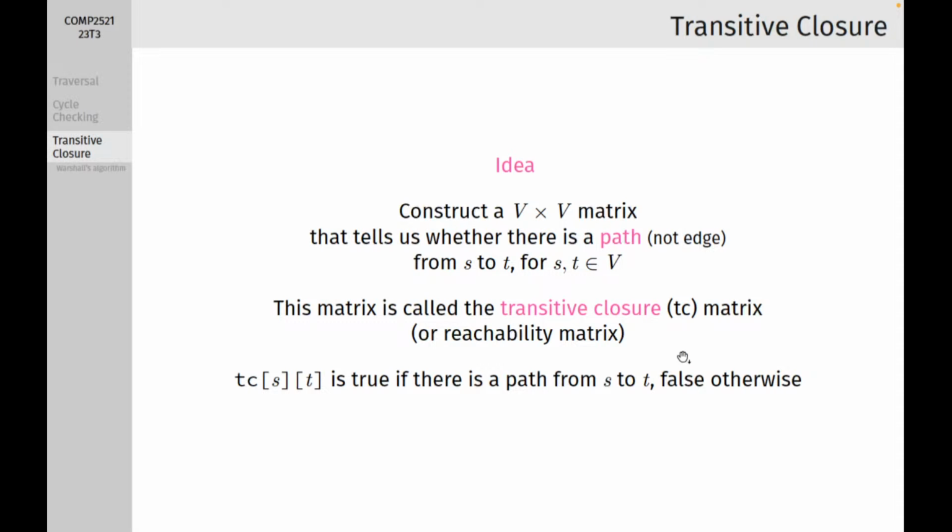It's a 2D array, and TC[S][T] will be true if there is a path from S to T, and false otherwise.